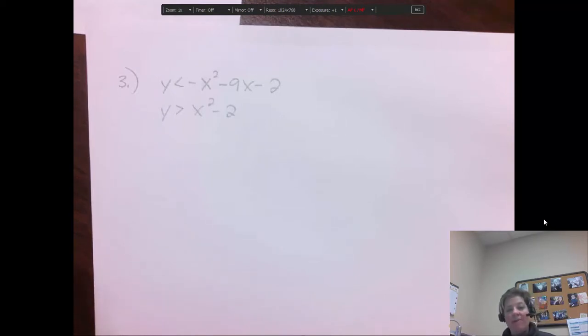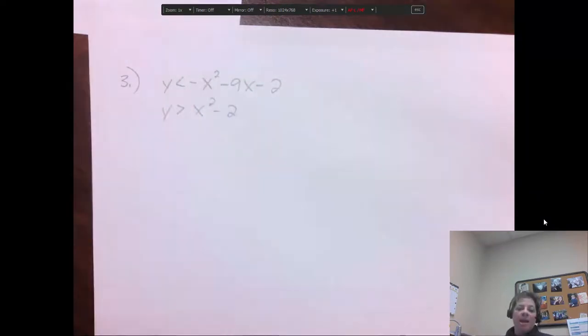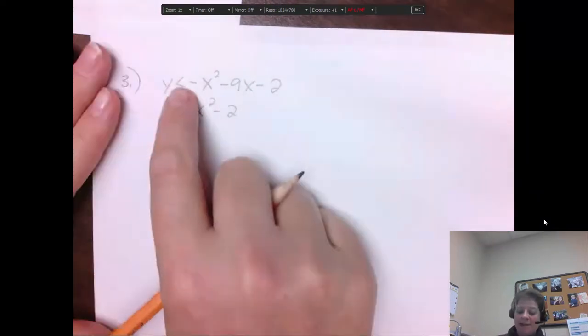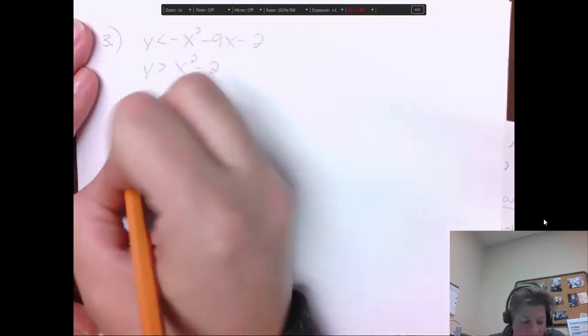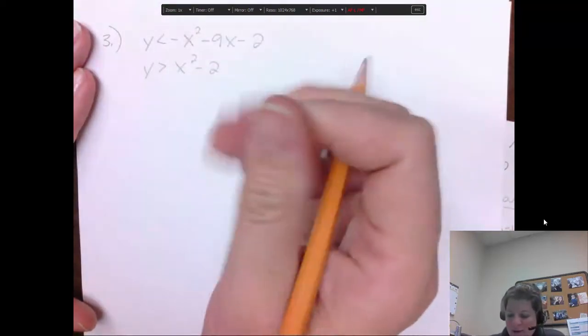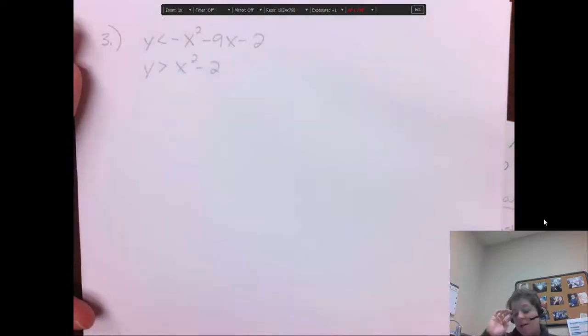Couple ways we can graph them. You graph them just like it's an equal sign, and then you shade according to either less than or greater than. So let's make a little table of values. Well, we should do the vertex, really. That's the best thing to do, or use a calculator, but that's okay.